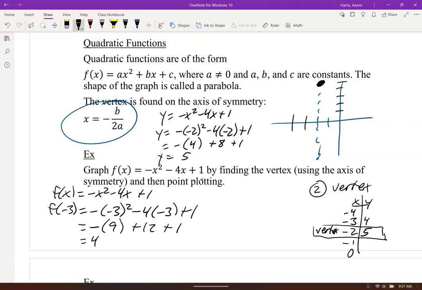So I got -3 comma 4 right there. Let's plug the -4 in. It looks like I get 1. -4 comma 1 right there. And then I'd go ahead and plug in the -1 and I'd plug in the 0. And what you're going to get is -1 will spit out 4, 0 will spit out 1.